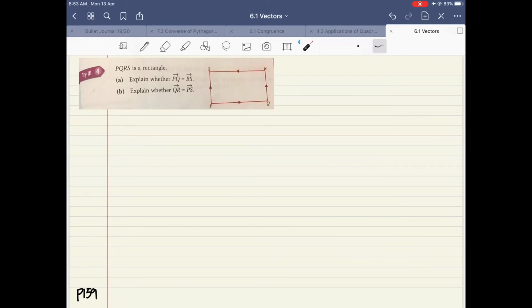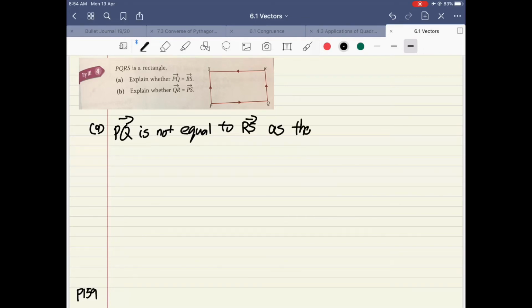So in this case, even though they're the same magnitude, they are going in opposite directions. Hence, for the first one, vector PQ is not equals to the vector RS, as they have different directions.